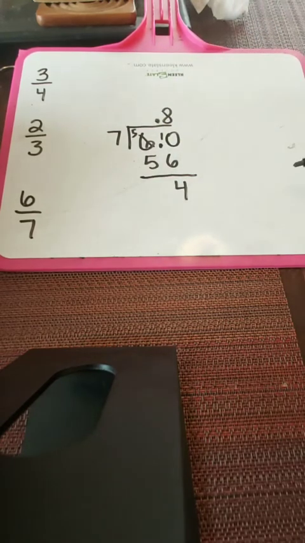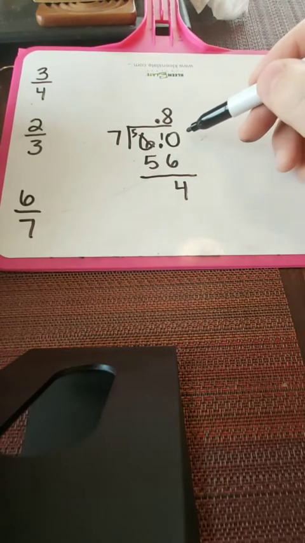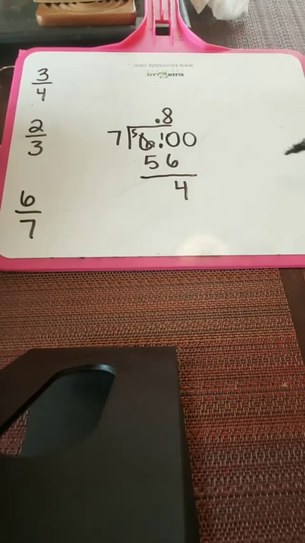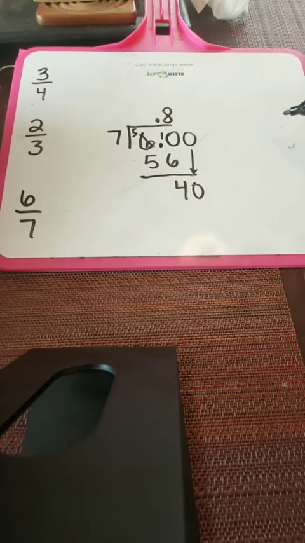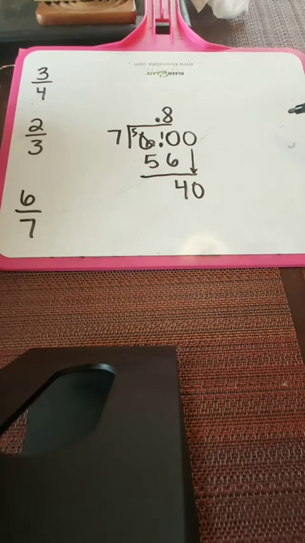7 cannot go into 4. So what do we have to do? We follow the same step. We add another 0. We bring our 0 down. That gives us 40. How many times can 7 go into 40? Again, knowing our multiplication tables is important. 7 times 5 is 35, and 7 times 6 is 42.